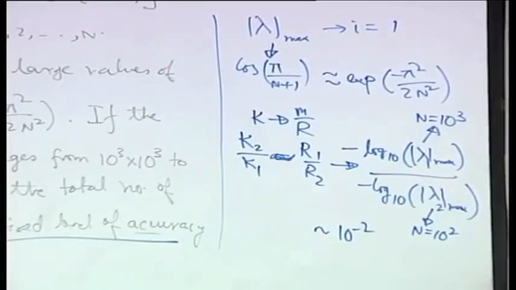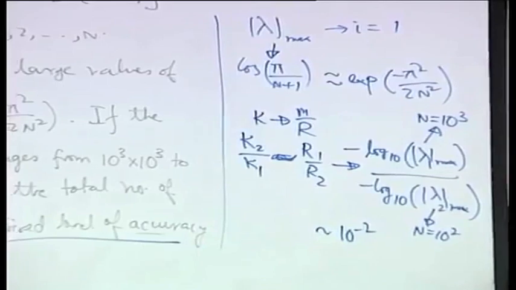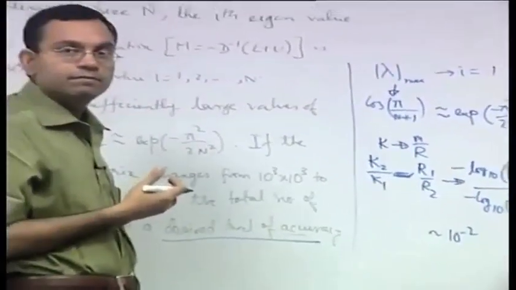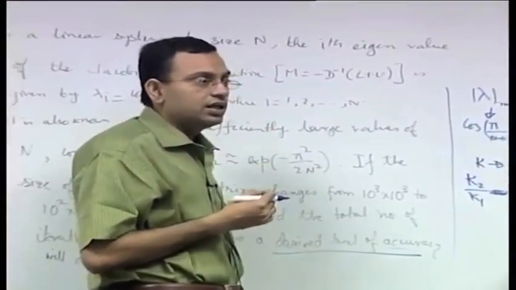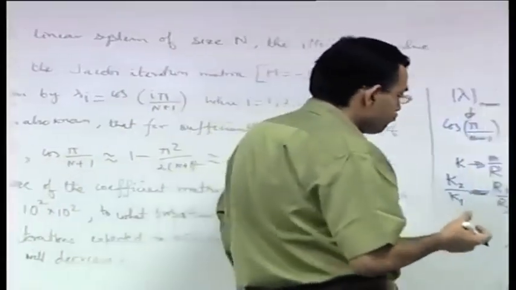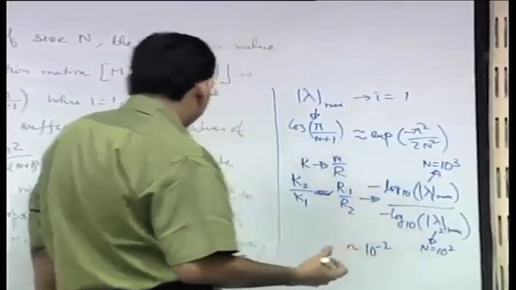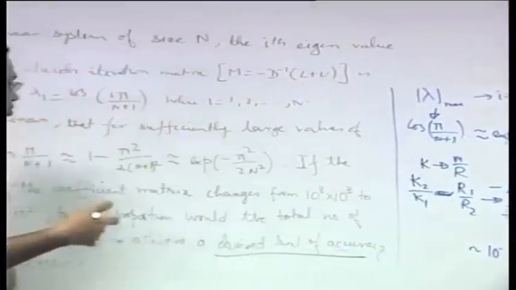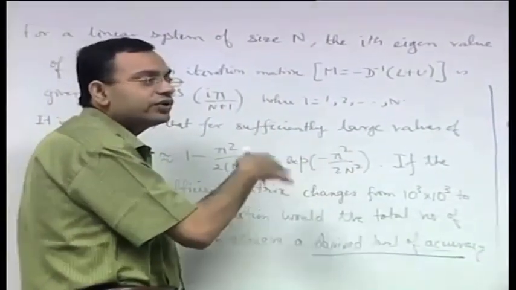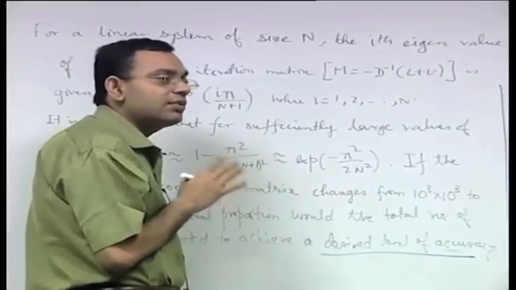So, what does it give you? It gives you an estimate of the reduced number of calculations that you need to do as you decrease the size of your coefficient matrix to achieve the same accuracy.